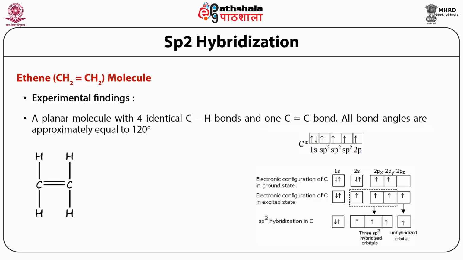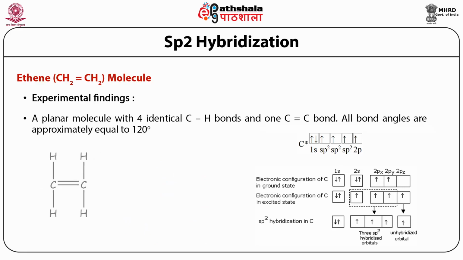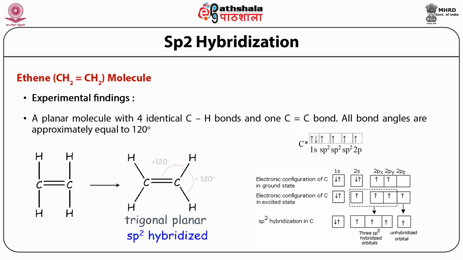In the ethylene molecule, 2 carbon atoms form a sigma bond by overlapping 2 sp2 orbitals, and each carbon atom forms 2 covalent bonds with hydrogen by s-sp2 overlap with 120 degree angles.